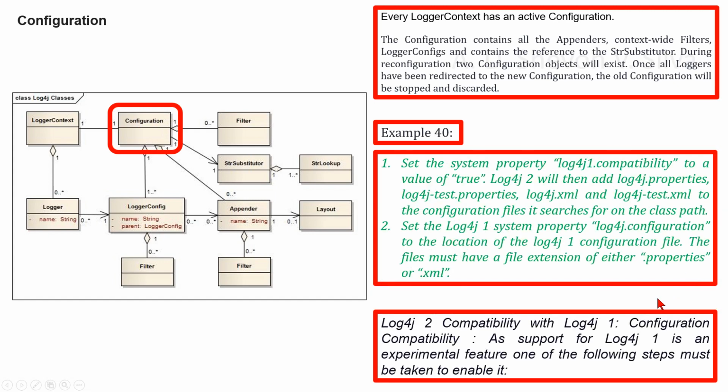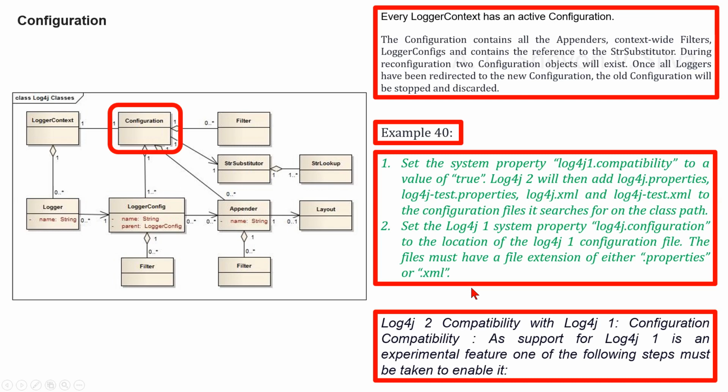Now we are considering configuration compatibility in Log4j2, compatibility with Log4j1. As support for Log4j1 is an experimental feature, one of the following steps must be taken to enable it. Log4j2 provides experimental support for Log4j1 configuration files. Configuration of the appenders, layouts and filters that were provided in the Log4j1 distribution will be redirected to their Log4j2 counterparts, with the exception of the rewrite policies.